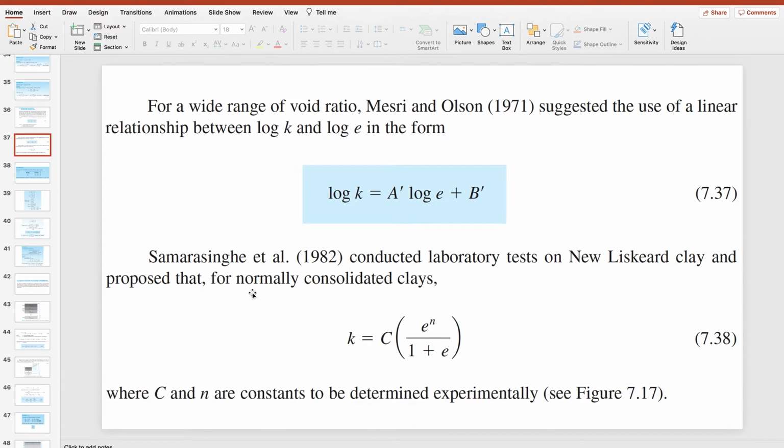Samarasinghe et al. conducted laboratory tests on Newfield clay and proposed that for normally consolidated clays, K is equivalent to C times quantity E raised to N over 1 plus E, where C and N are constants. Okay.